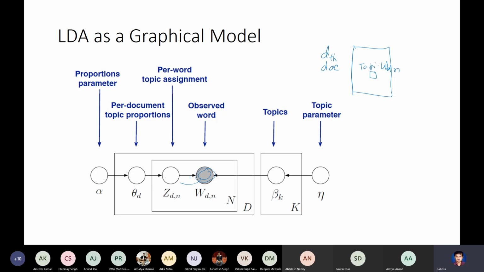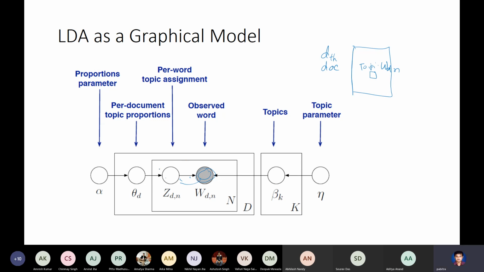And you can see that WDN is determined once ZDN is decided, so it is conditional on ZDN. There is a direct influence of ZDN on WDN, because the word you generate depends on the topic you choose. That's why there is this arrow between ZDN and WDN.